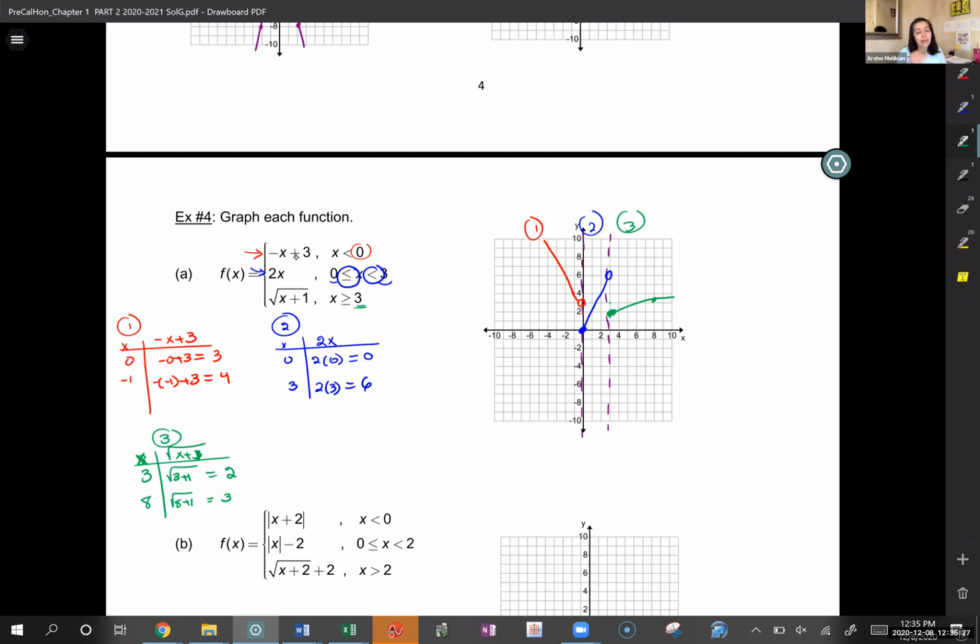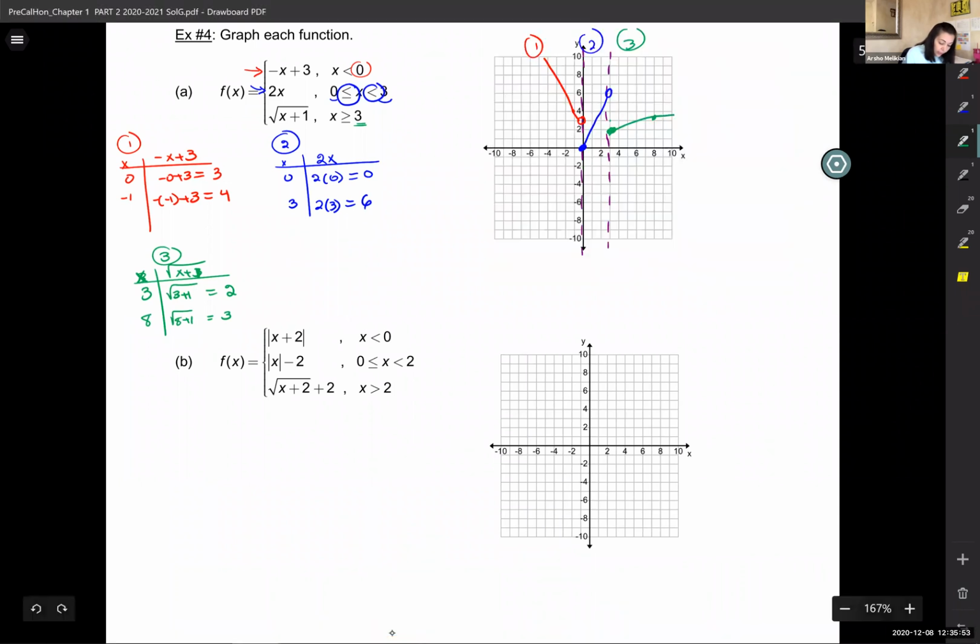Since it's not a parabola, I mean, potato, potahto. The endpoint of this would have been to the left one, right? Yeah, it would have been here. So it would have looked like that, right? But now it's not visible, correct, because it's not in our domain. Okay.